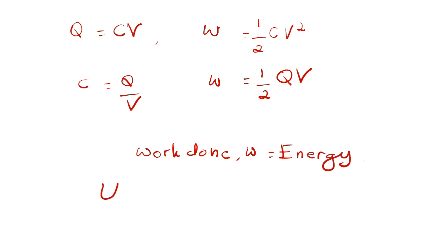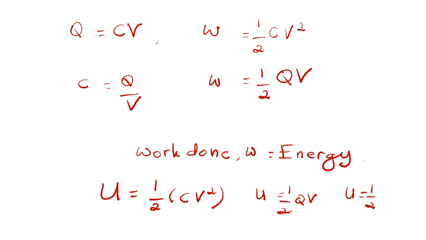So we can say U also equals half CV square, U equals half QV, and U equals half Q square over C. So we have three equations that you can use for work done or energy stored in a capacitor.